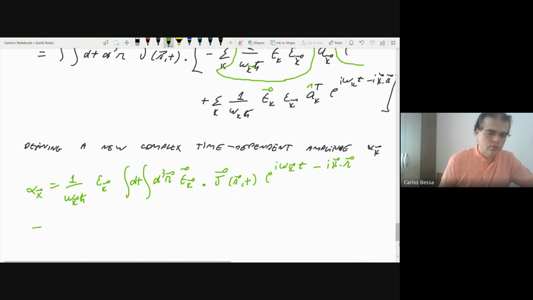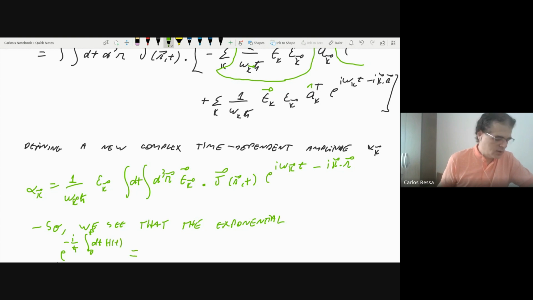You see that the exponential, so exponential minus i over h bar integral dt' from 0 to t of h of t', this will be just like the exponential of the sum, because I define alpha k here, so this sum is outside.